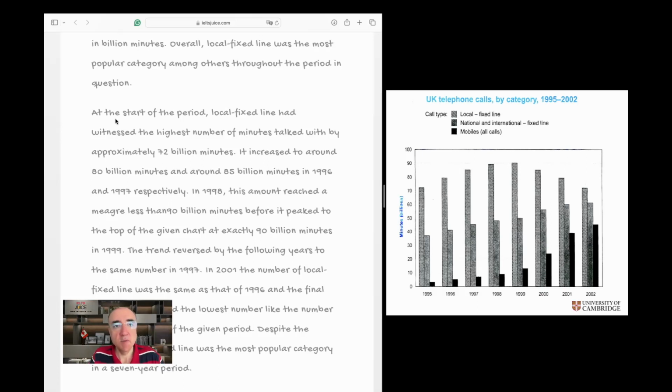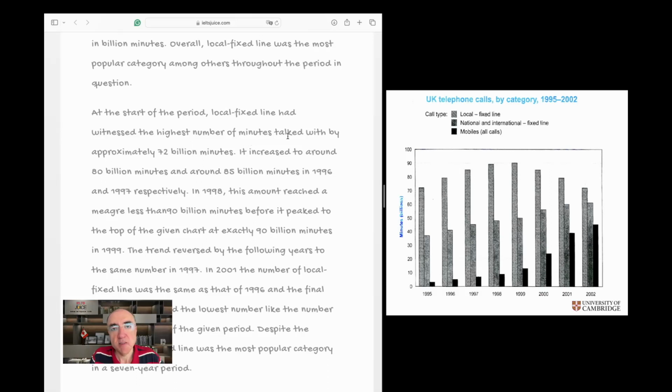I'm just not comfortable with the word. We could say better structures. I need to completely change the structure here. Local fixed line had witnessed. I mean, everything needs to be changed here. It's not an easy fix. The structure of the sentence needs to be completely reproduced.